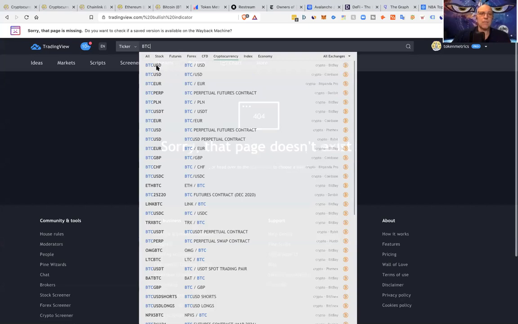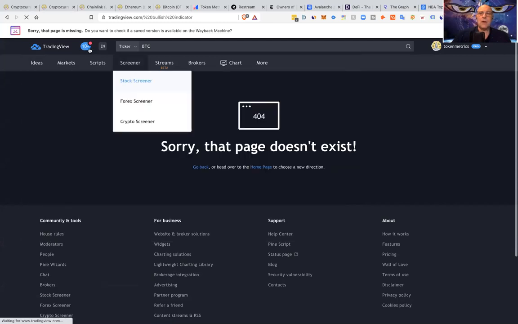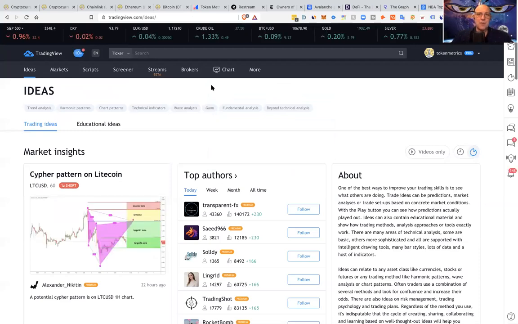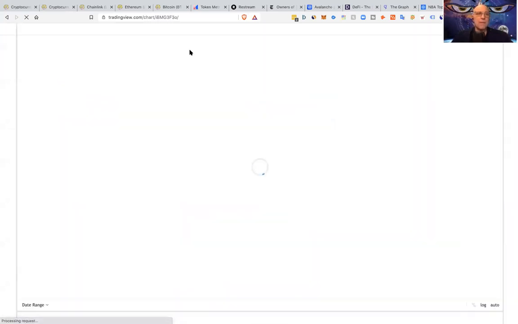Bill, do you know how to pull up this? Is it under ideas? Well, believe it or not, I'm not actually familiar with whether these guys have their own bullish or bearish indicators, unless it's working off what people publish on TradingView. Actually, it might be the chart.